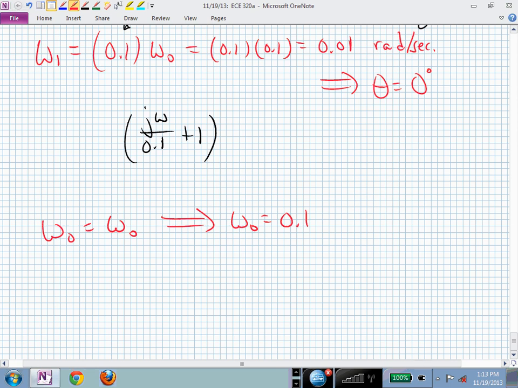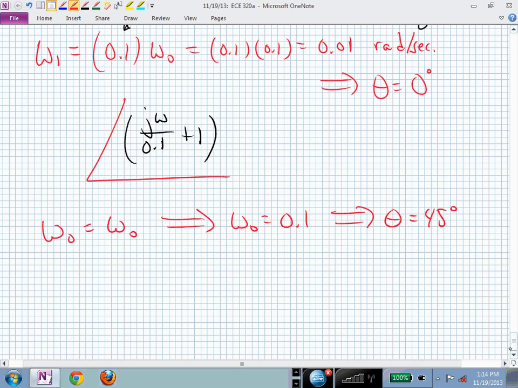What's the angle of 1 plus j? 45 degrees. And since it's a numerator factor, it's a positive angle. This now says that the angle there is exactly 45 degrees, right at the break. If you evaluated the angle of this expression at omega naught, that's going to be 45 degrees. And since it's upstairs in the numerator, that gives us the 45 plus.